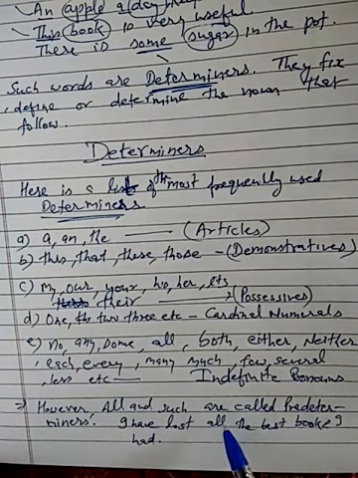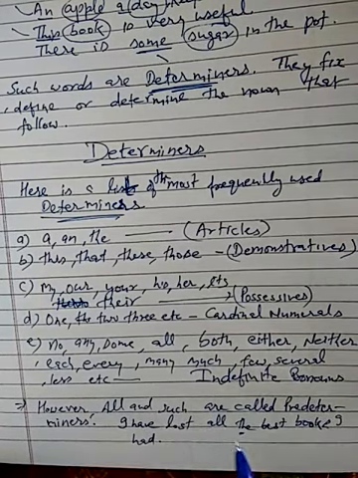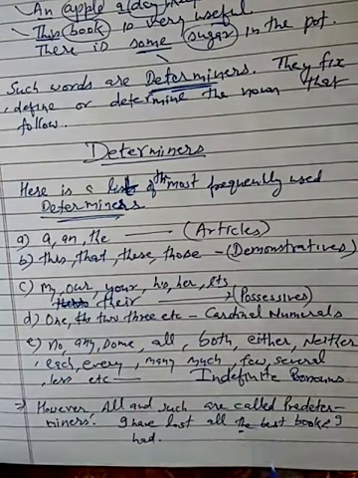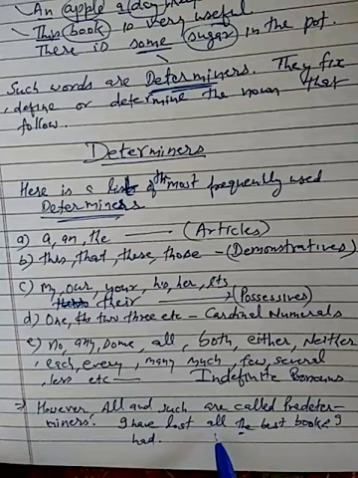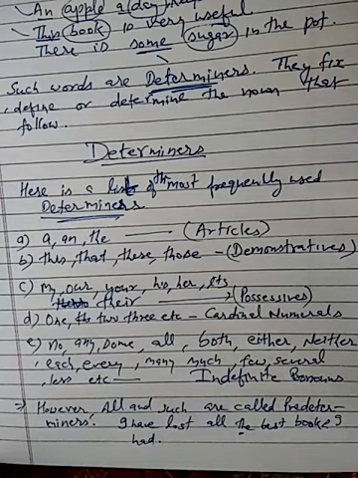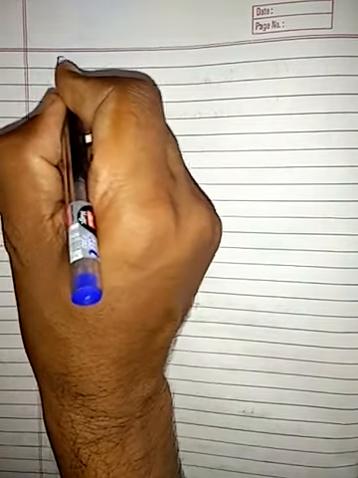Okay, why are they called predeterminers? Because they are used before a determiner, and you know, the is itself a determiner, and here all is a predeterminer. Okay, clear? Let me write one more example so that you can understand.